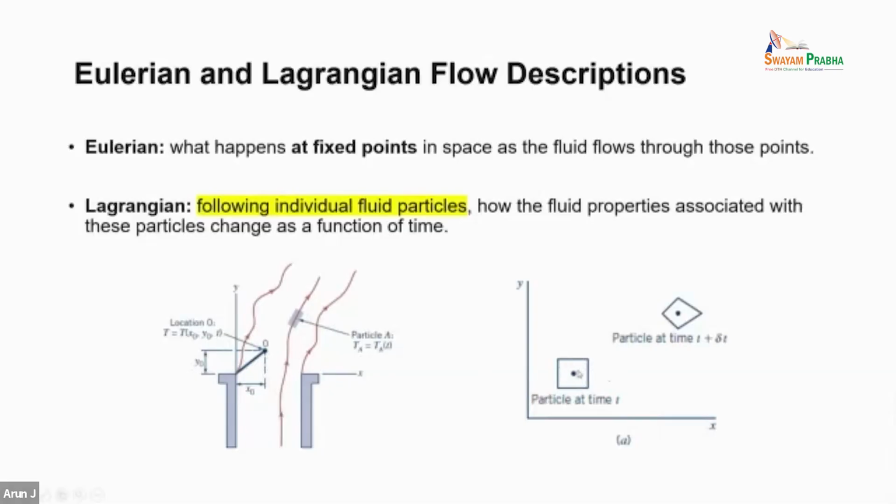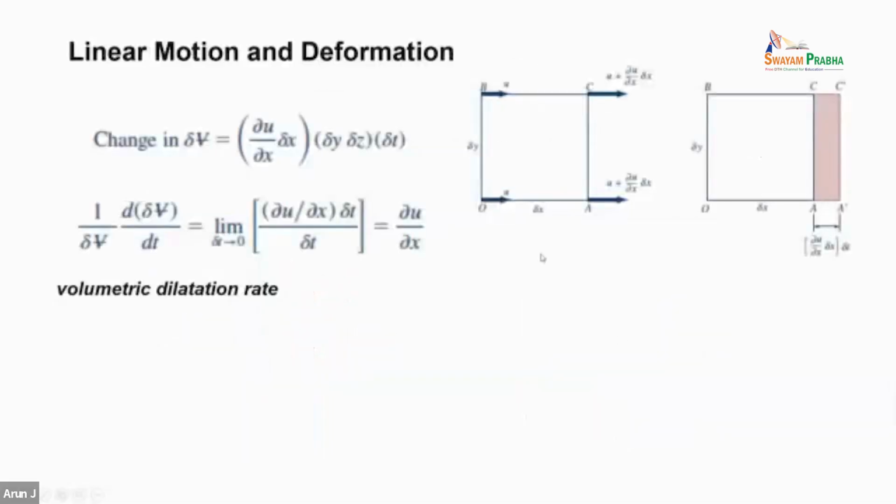At time t, this is the particle, and given a small time change, t plus delta t, the particle shape will change. This shape change can be related to the velocity of the particle. How to understand that?